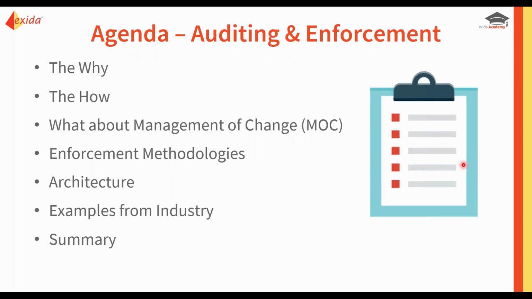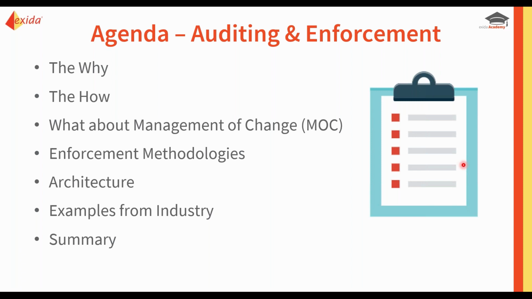So in terms of the agenda, we're going to look at auditing and enforcement. For auditing, the why: what's the purpose? Why is it important? What can it do for you? The how: in other words, how do you make it work? What are the things to think about? What kind of software programs help? We'll also talk about how management of change works with or against auditing and enforcement, how they really go together.